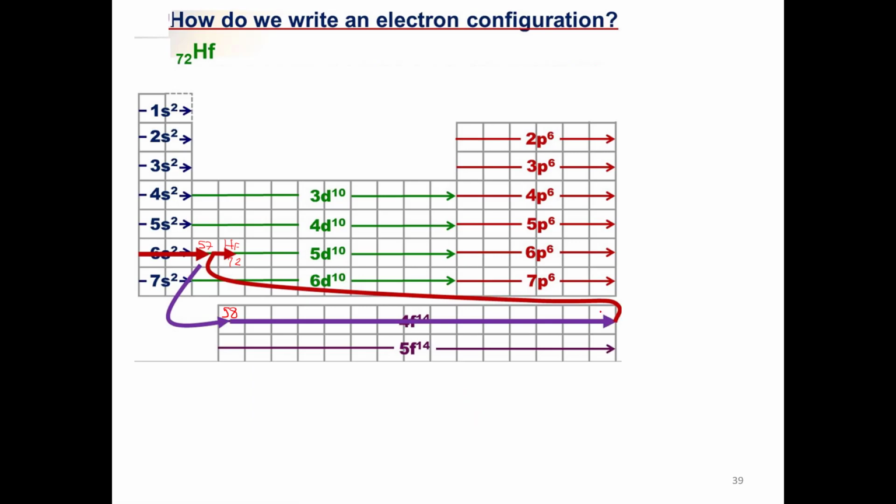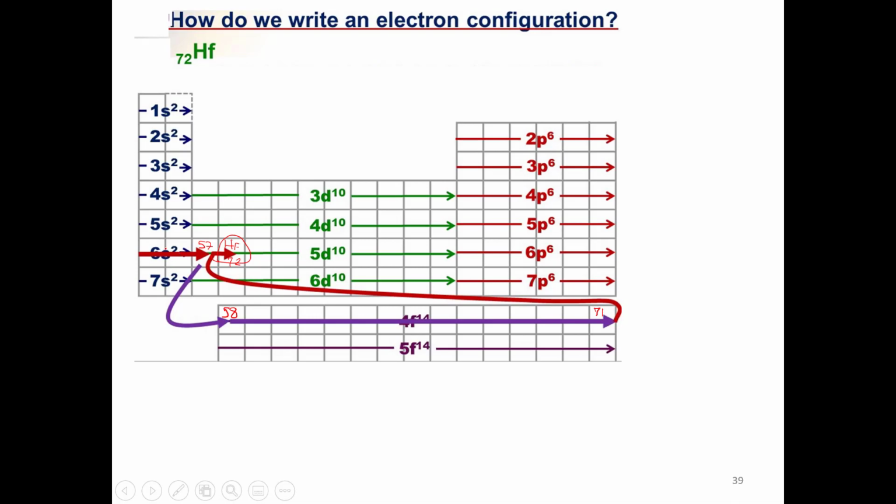I will write this as reference. Then we want to write the electronic configuration for hafnium. This is why we had these arrows. From here, we need to move down, pass through this one, and then go back. Let's write the electronic configuration until this point, and then we will do this part slowly.